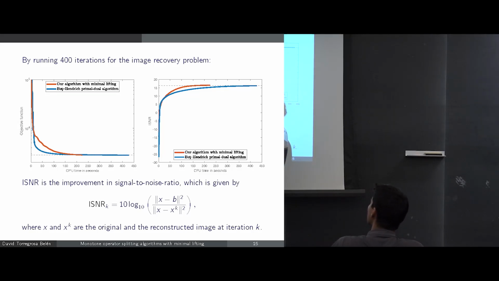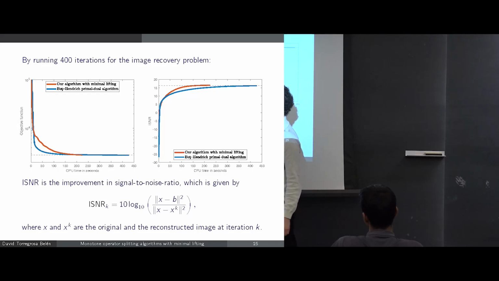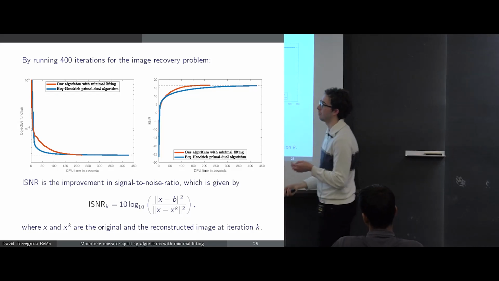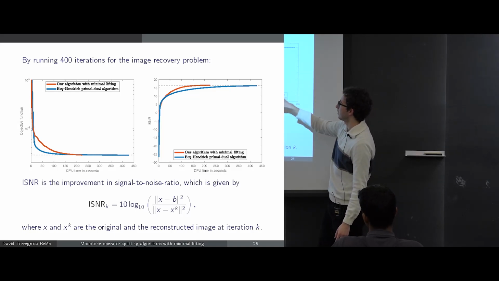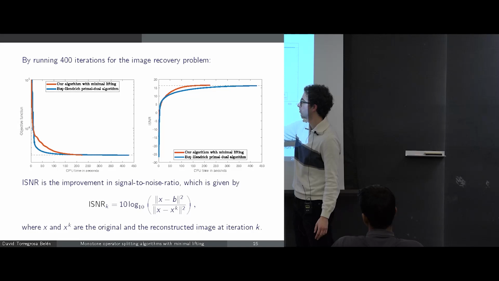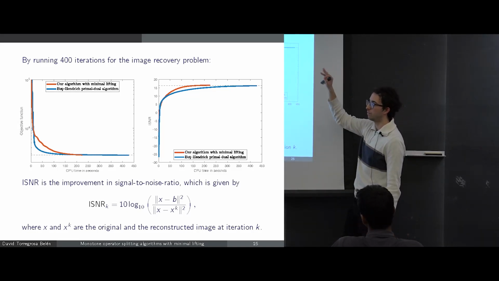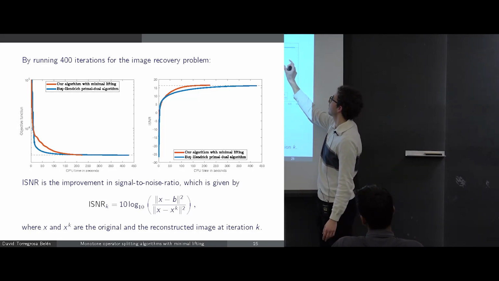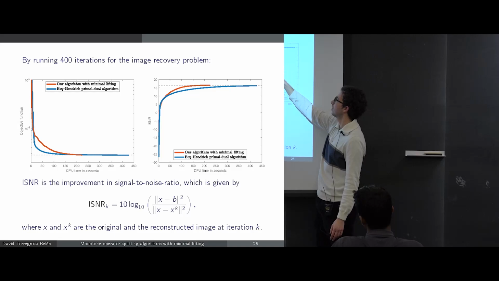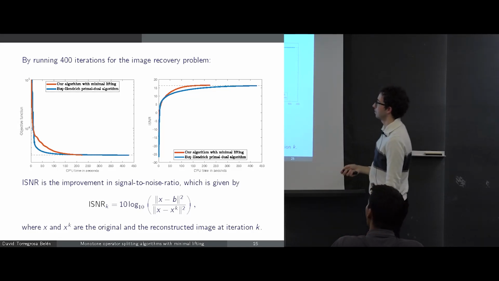You are minimizing, so you want it to be smaller, and you can see that both methods reach the same objective function value. In this one, the Y label is a measure of the quality of the recovery, so the higher, the better. You can see they are also very similar, but our method is a bit better. So the red one is better.